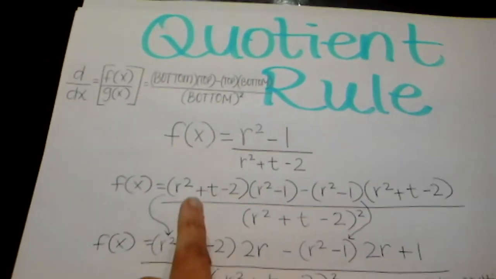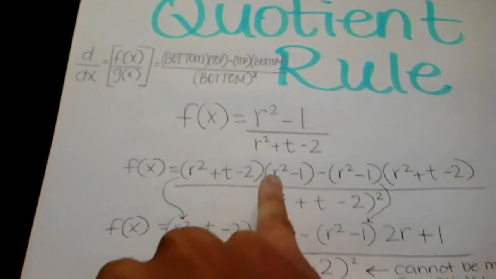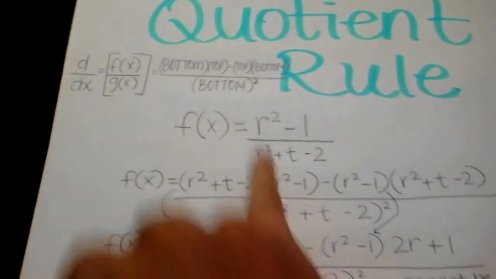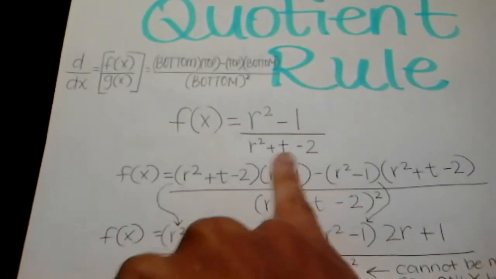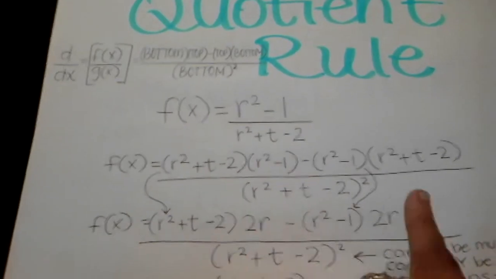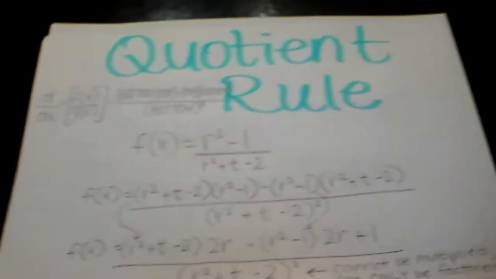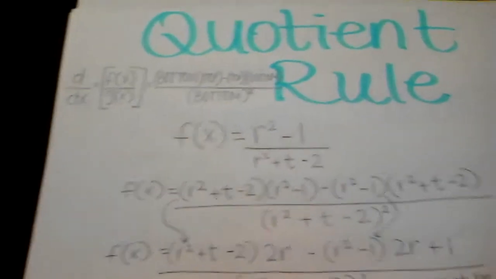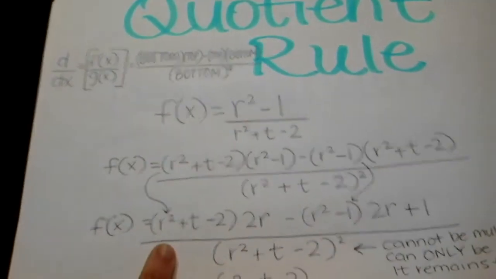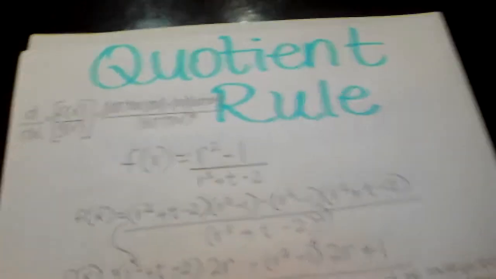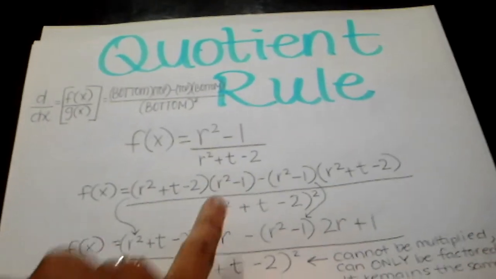You're going to start with the bottom function, which is r squared plus r minus 2, times the top function, minus the top function times the bottom function, all over the bottom function squared. Next, you're going to bring down the first function because you're not finding the derivative of it. You're going to find the derivative of this second function.